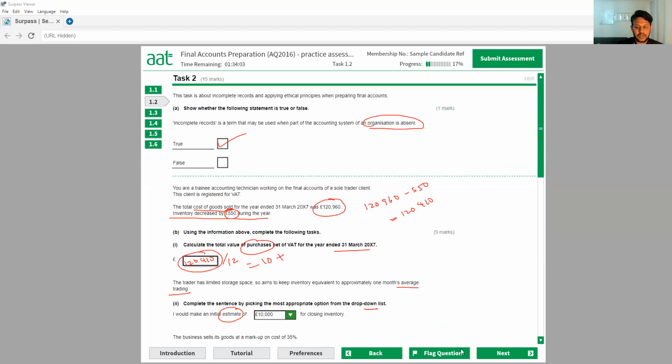You see your purchase is 120,410 for the whole year. If you divide by 12, it will give you per month 10,000 plus. That's what I said. If it is 120,000 for the whole year, how much should it be per month? 10,000 plus. This is the estimate.